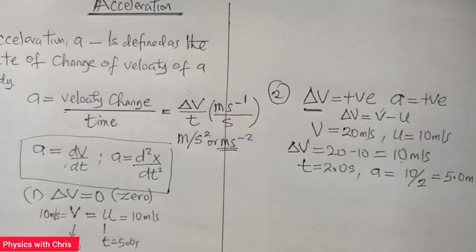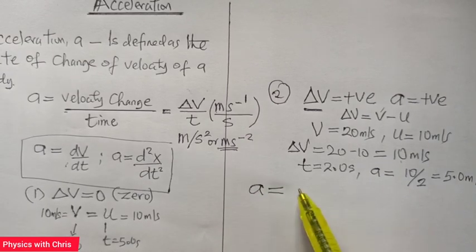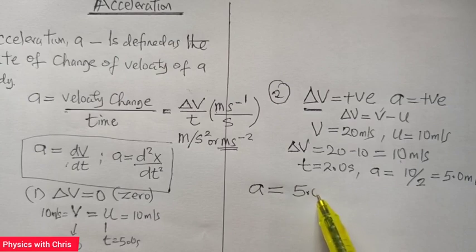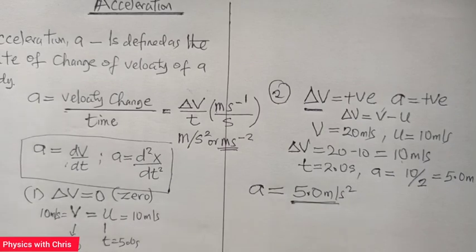The speed has increased in 2 seconds, and the rate of increase of the speed is 5 meters per second squared. So that when you are told to explain what is meant by the acceleration of a body is 5 meters per second squared, it means that if the body maintains this value for some 5-10 seconds, every second the speed of the body increases.